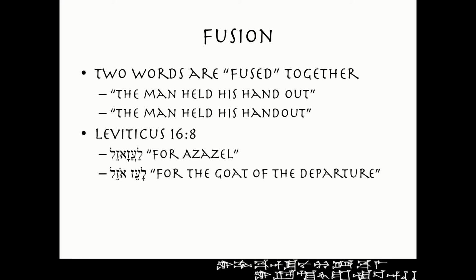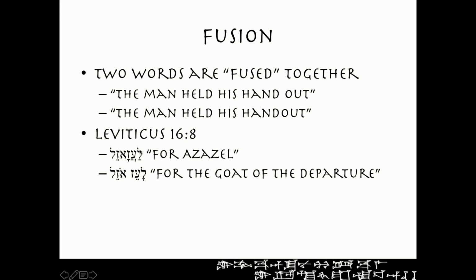In Leviticus 16:8, we think we have an example of just this thing. So the phrase for Azazel, La Azazel, if you separate these two here, it becomes two different words. This doesn't really work in the context. However, in the context, this does work for the go to the departure. And so you separate the words here, and the phrase now makes sense.